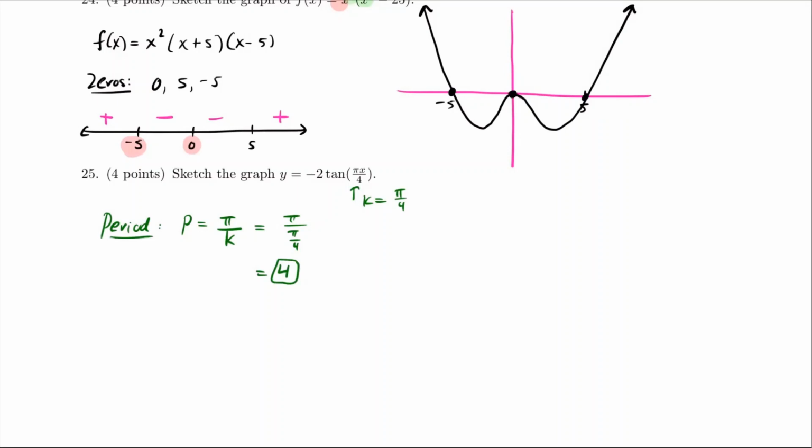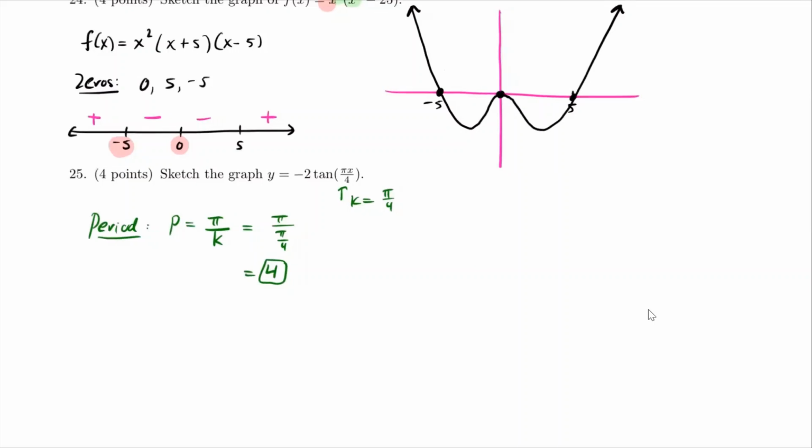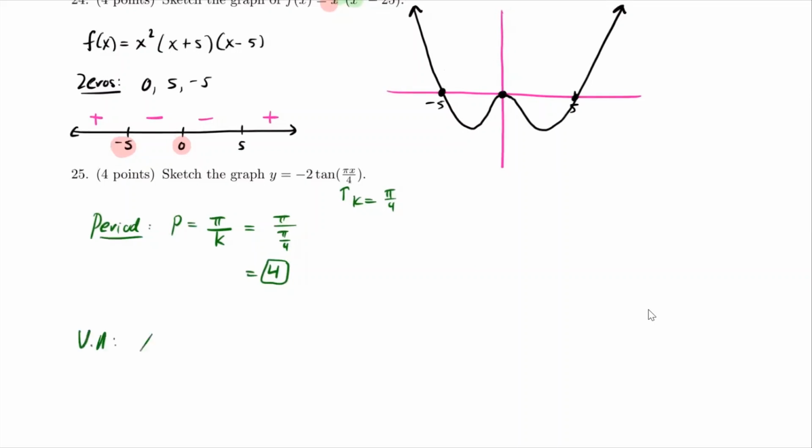Now, tangent also has asymptotes. So the k value also affects your asymptotes. So the original graph has asymptotes at every pi over 2 units. So we're going to be finding its vertical asymptotes. One of them is negative pi over 2 times k. So we need to modify if you have k.